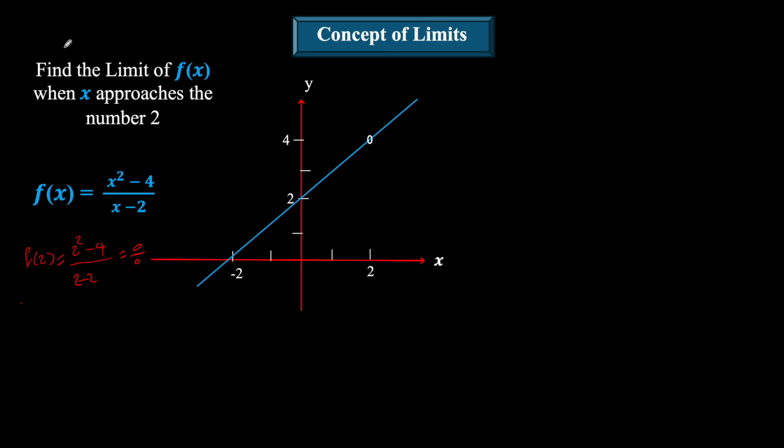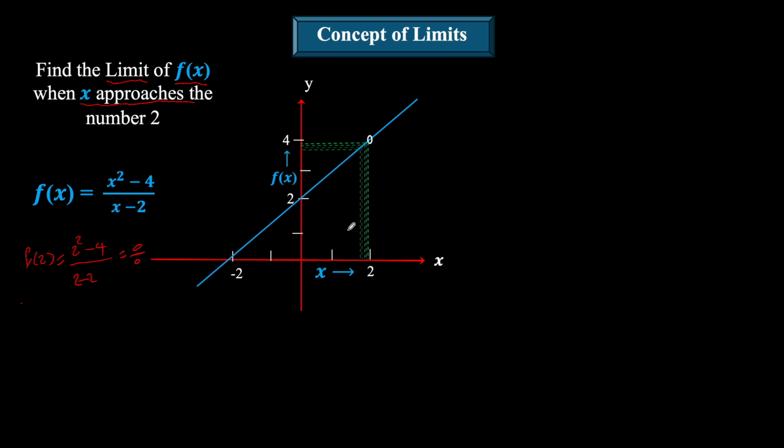Let's start with the question now. Find the limit of f of x when x approaches, and this is very important, approaches. X is never equal to 2, but it is approaching the number 2, okay? So what we will do is approach the number 2 from the left, and approach the number 2 from the right, and see what values we get on the y-axis.